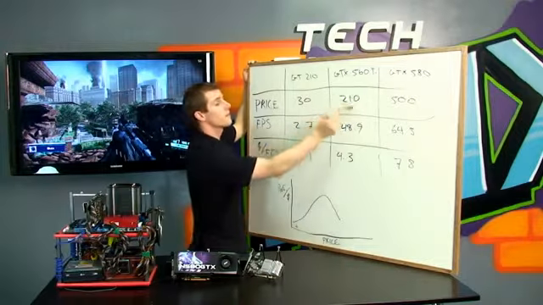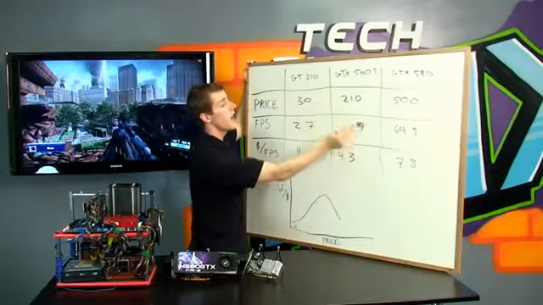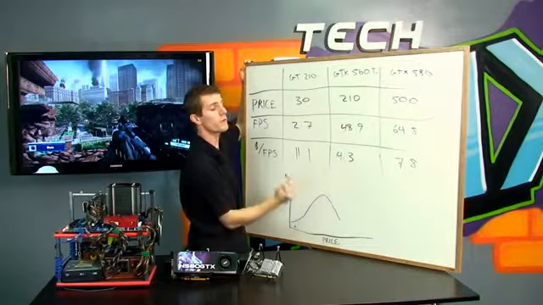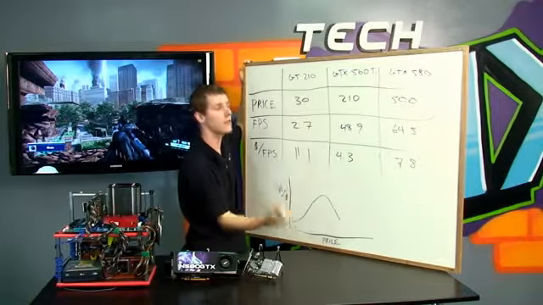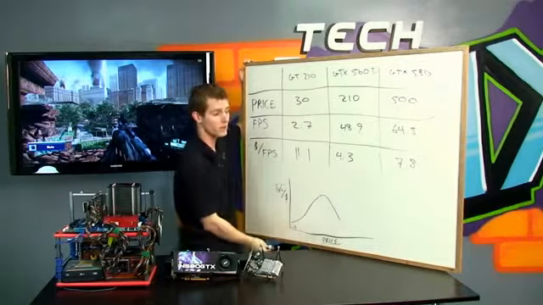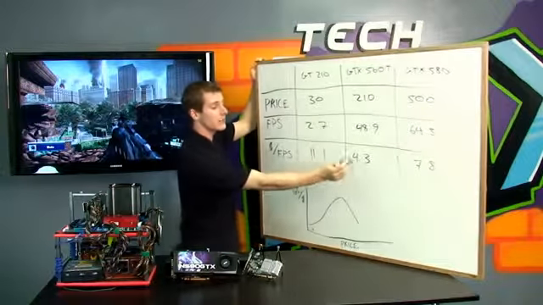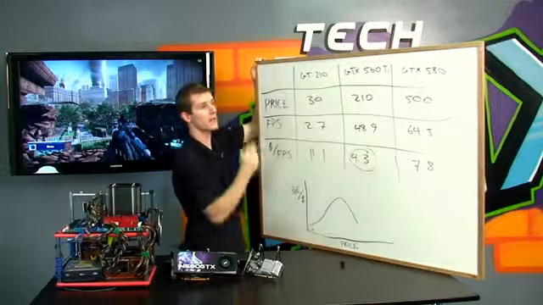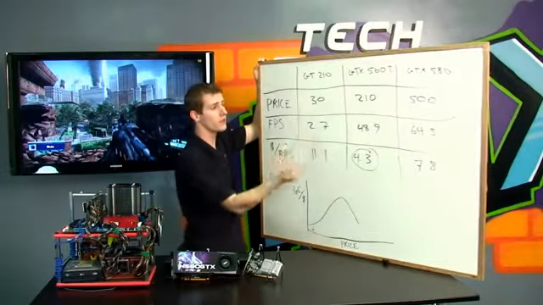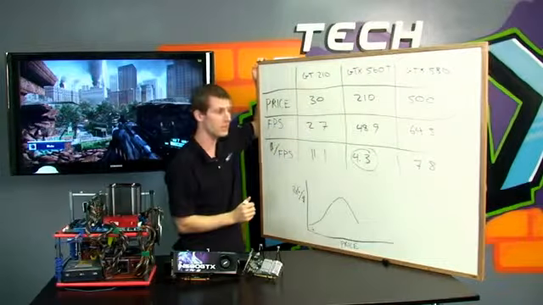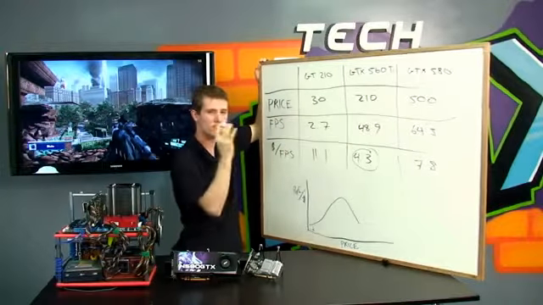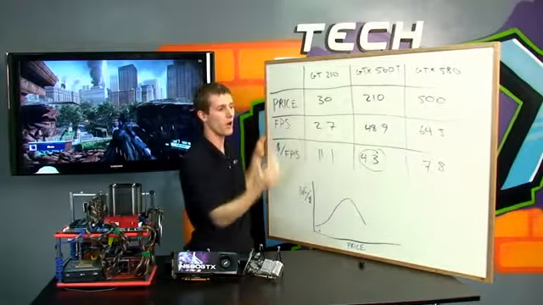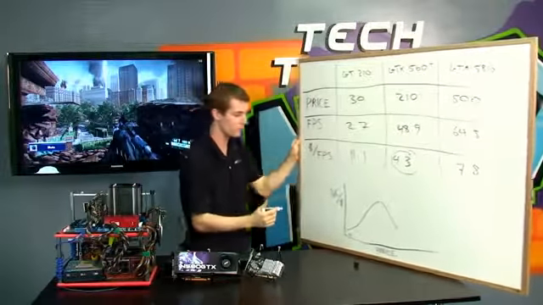For 210 bucks or even 250, I get almost 50 frames per second, which works out to somewhere in the $4 to $5 per FPS as a price to performance ratio. So that is clearly, since lower is better, the best value card in my comparison, even though it costs 6 times what a GT210 does. It outperforms it by such a significant ratio that it doesn't even matter that it costs more because you're just getting so much more for your money.